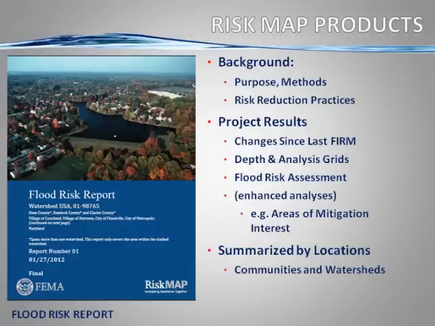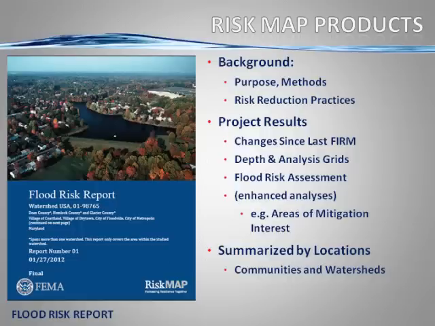So the flood risk report, the background of this, the pieces that go into a flood risk report based on all this data that comes out of Risk MAP, all these products. The purpose of the flood risk report and the assessment, the methods involved, risk reduction practices. And then also it talks about project results, the changes since last FIRM, depth analysis grid.